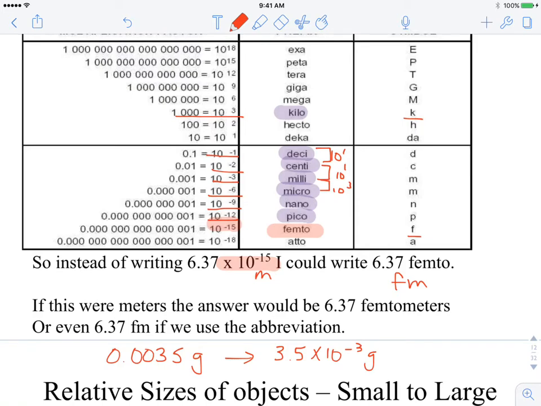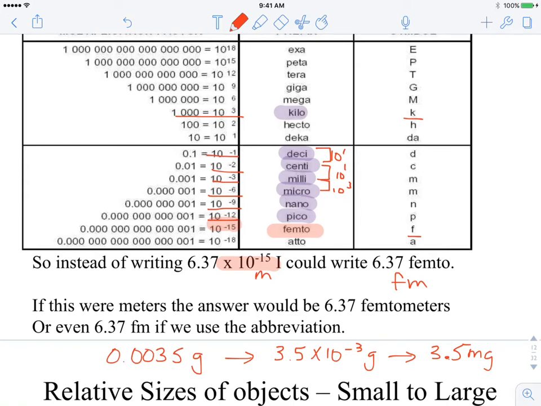If I wanted to write this without using the scientific notation but using a prefix instead, I would look and see or know which prefix was 10 to the negative third. That prefix would be, in this case, milli. Milli's up here as 10 to the negative third. So I could write this as 3.5 milligrams.